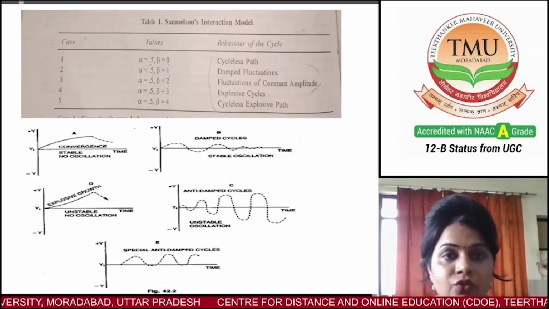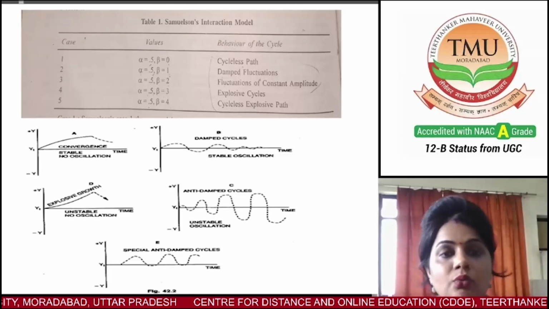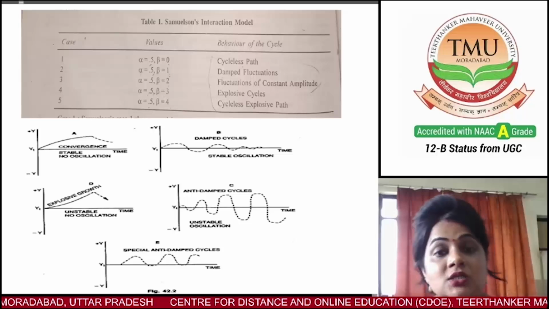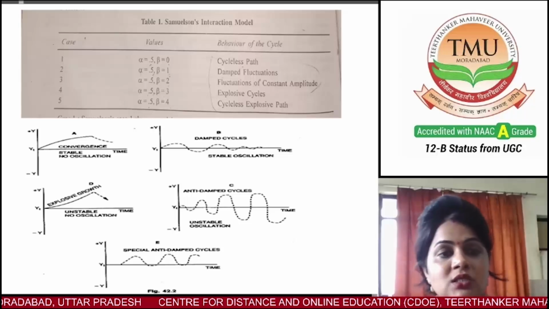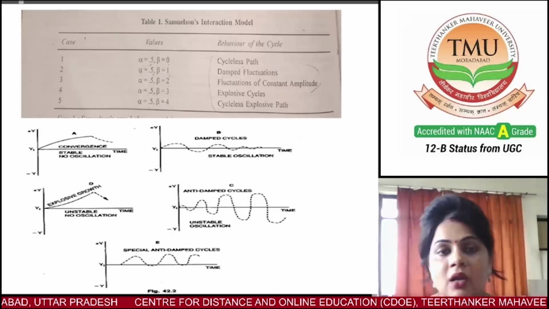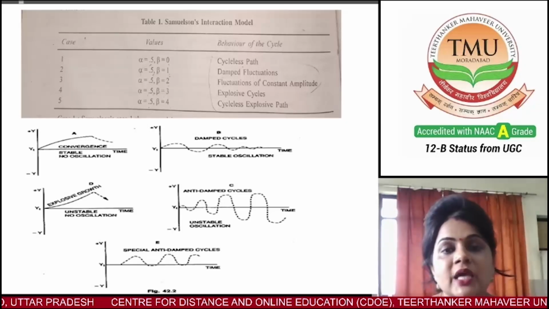In the fourth case, this gives an anti-damped cycle. In this situation, the income fluctuates through a series of cycles of wider and wider amplitude. This gives us an explosive cycle.